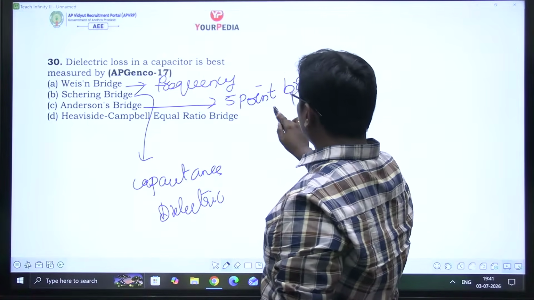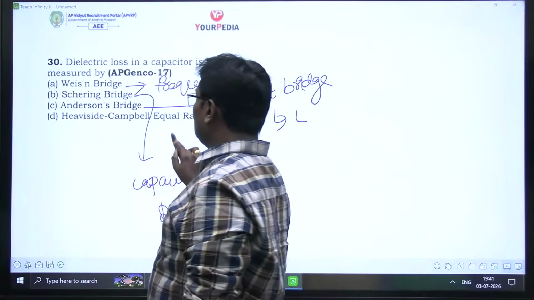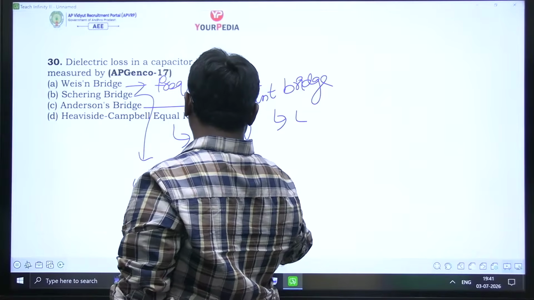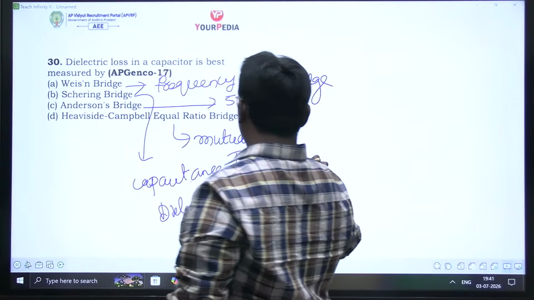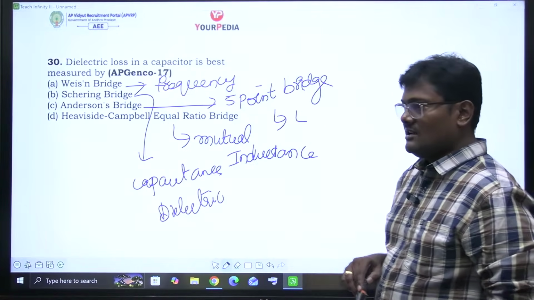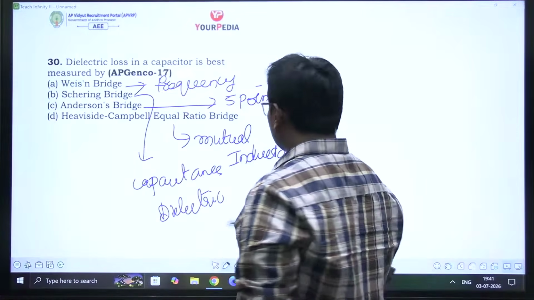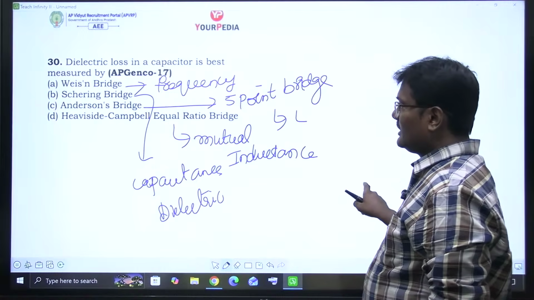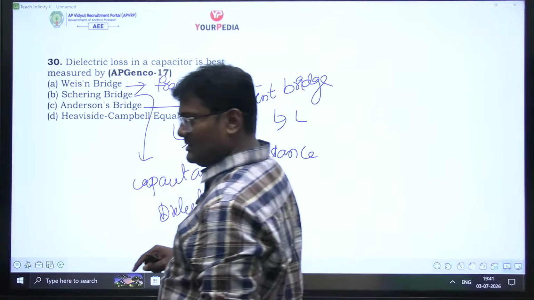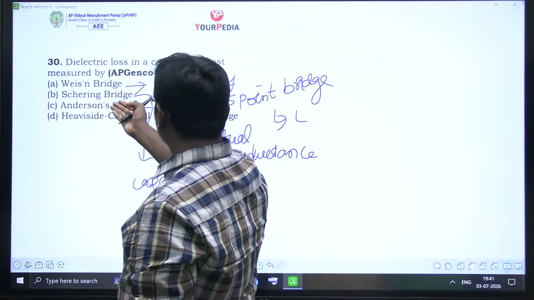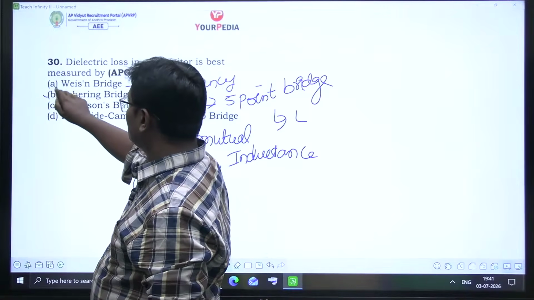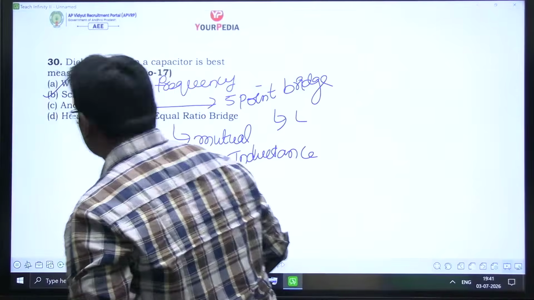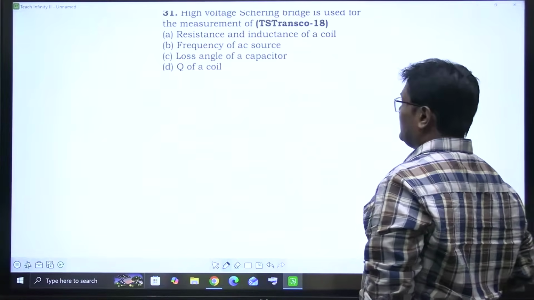Also for measurement of inductance, we can measure the mutual inductance with the Heaviside Campbell's bridge. Obviously, dielectric loss is measured with the help of a Schering bridge. B option is correct. Next.